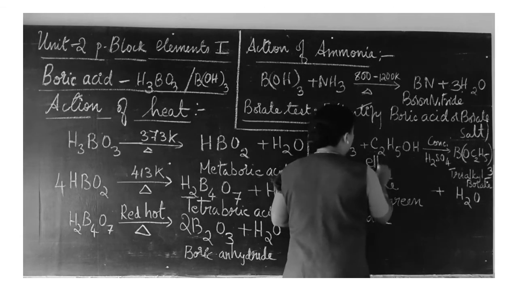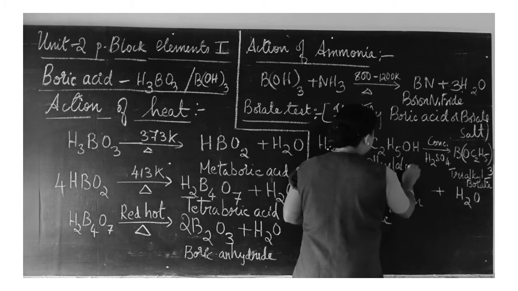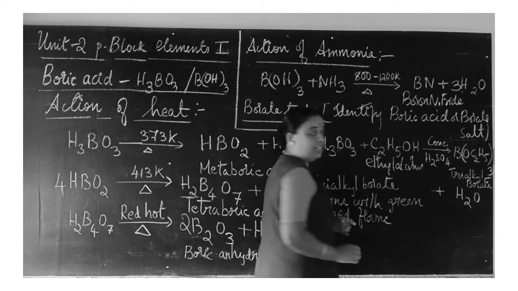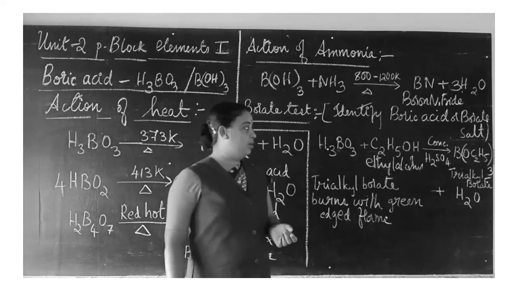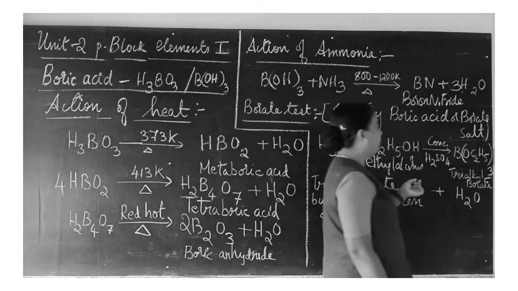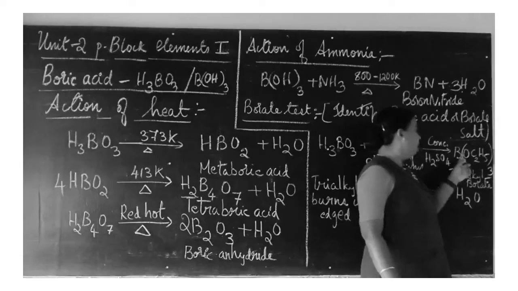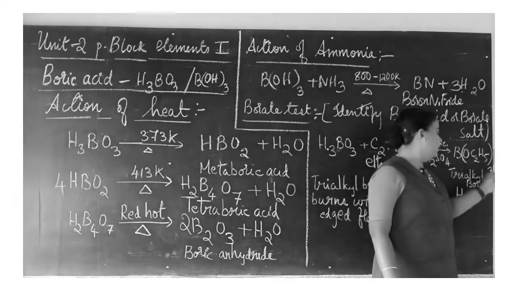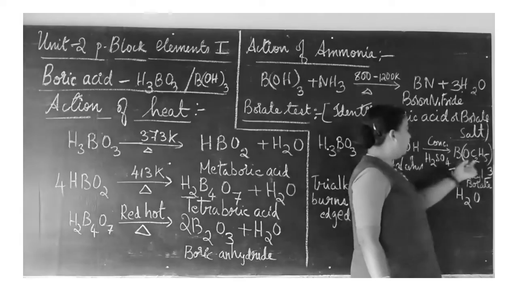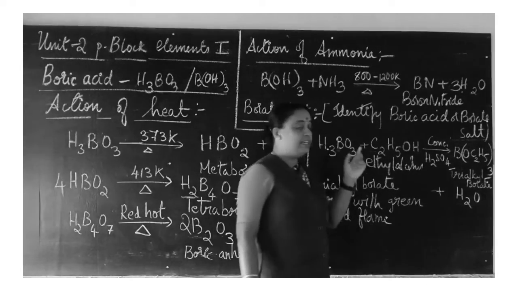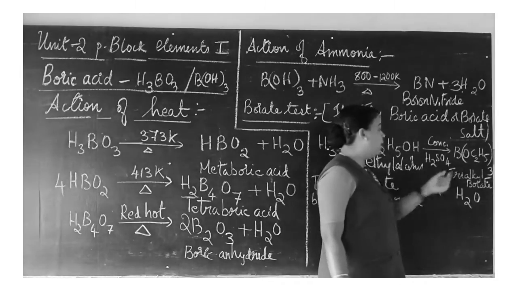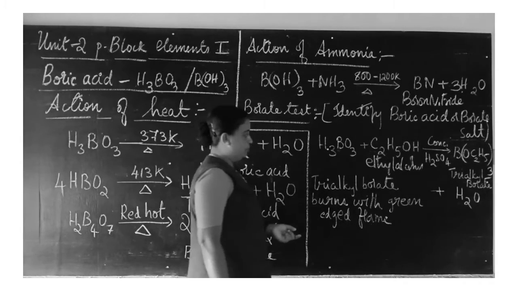In the presence of concentrated sulfuric acid, this boric acid reacts with the ethyl alcohol, and you get the product trialkyl borate, B(OC2H5)3. Here C2H5 is nothing but the alkyl group, and it is present 3 times. So you get trialkyl borate along with water molecules.